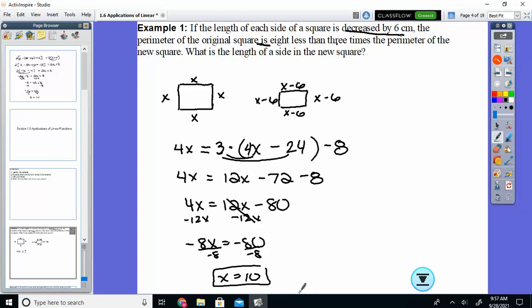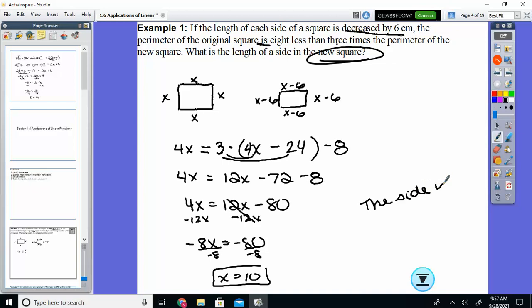Yes, we're done solving, but if I give you a problem in words, I want you to answer in words. So look at the question. I want the length of each side in the new square. X is the side in the old square, so what's the new square? 4. Yep, x minus 6, so 10 minus 6 is 4.